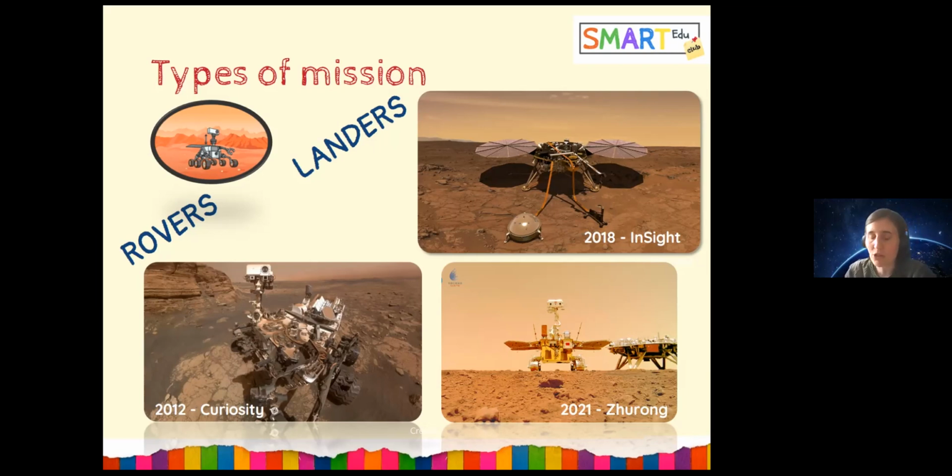Okay, on Saturn, there was an orbiter, called the Cassini mission. It sent back amazing photos. But you were right, Cassini had a lander attached that then dropped, and it was called Huygens.